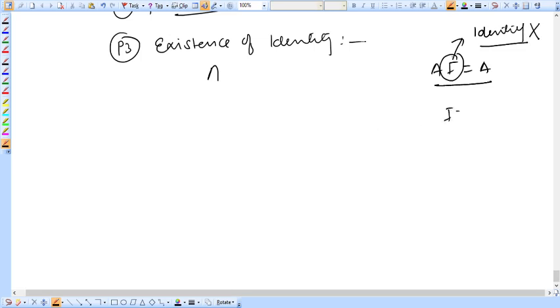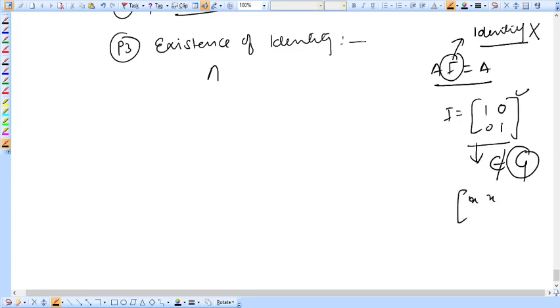I is equal to [[1,0],[0,1]], right? But this element does not belong to G. Why? Because G contains all those elements which have all entries equal. G में किस तरह के एलिमेंट आएंगे? X, सारे y, ठीक है? But here you see 1001, in this case all the elements are not equal.